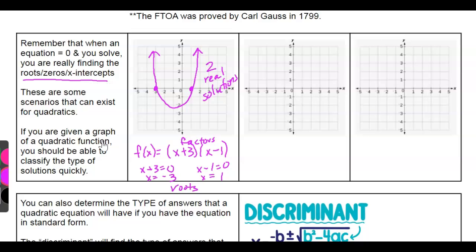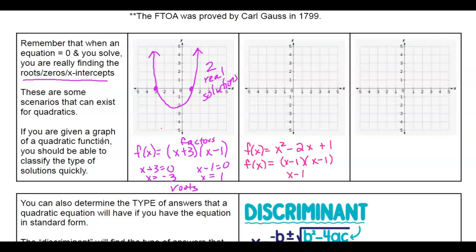All right. My second scenario is, let's say we had a polynomial like f of x equals x squared minus 2x plus 1. If we factored this with the AC method, I'm just going to do it to save time, we would end up with x minus 1, x minus 1. And so we have the same factor twice.